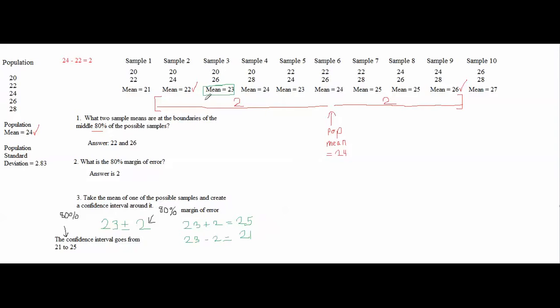I'll write this confidence interval under here because it's a confidence interval that was created with sample 3. What if we did it with sample 1, which is outside of the middle 80%?